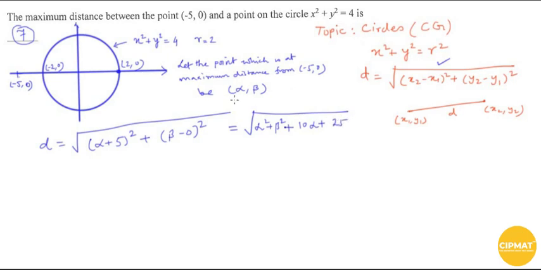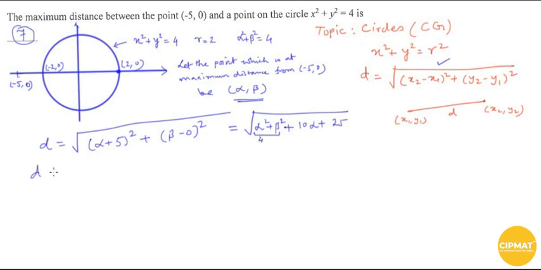Now this (alpha, beta) lies on the circle, therefore it should satisfy this equation. So therefore I can write alpha² + beta² = 4.